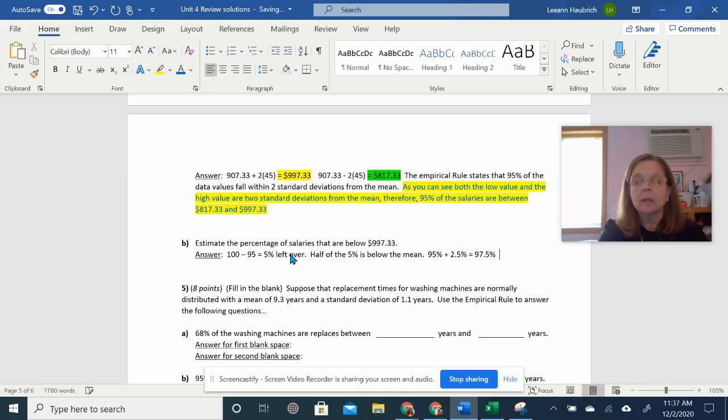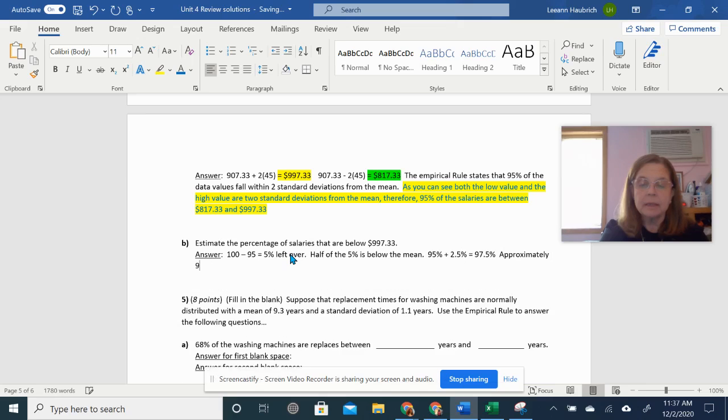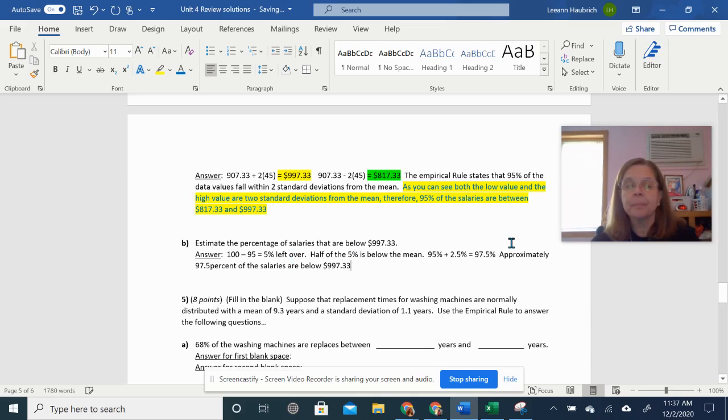Okay. Approximately 97.5% of the salaries are below 997.33.